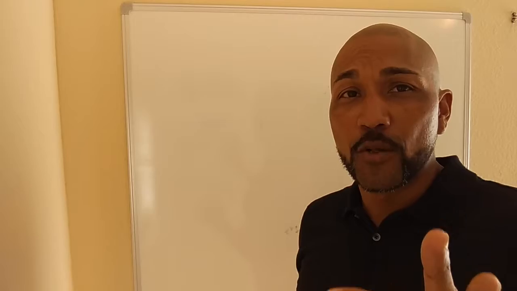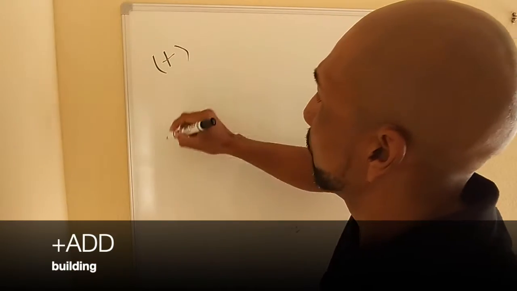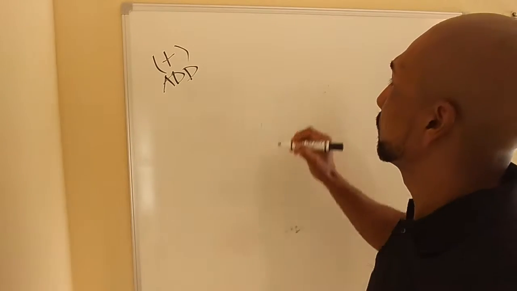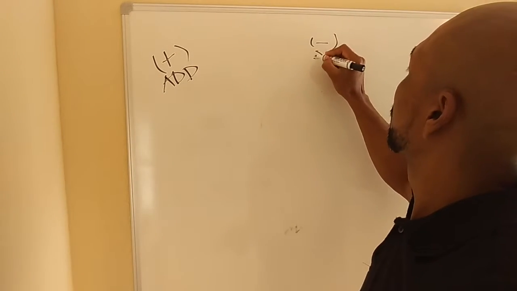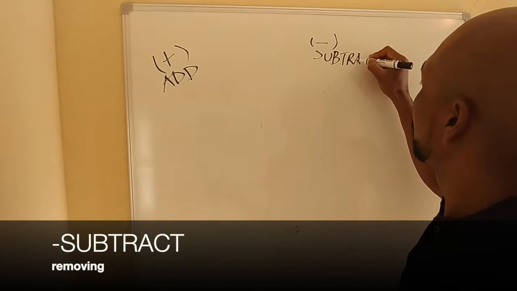So let's look at this real quick. The first thing about body sculpting is we're going to break it into two categories, right? We have adding, and we have subtracting.